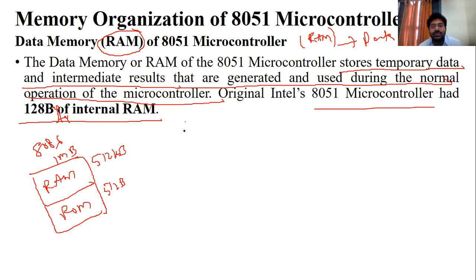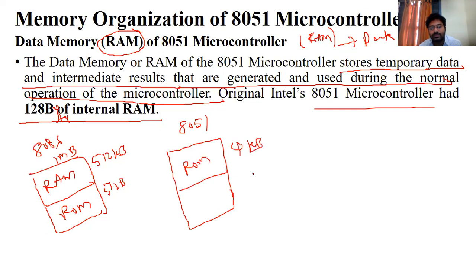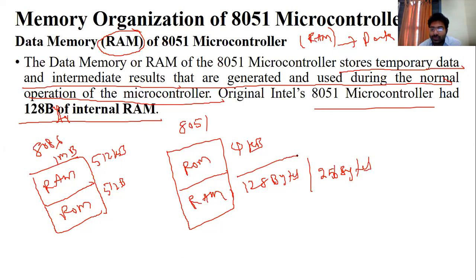In the 8051 microcontroller memory, the ROM is 4 KB and RAM is 128 bytes. But actually this is 256 bytes. Out of this 256 bytes, 128 bytes is used for temporarily storing data and all.